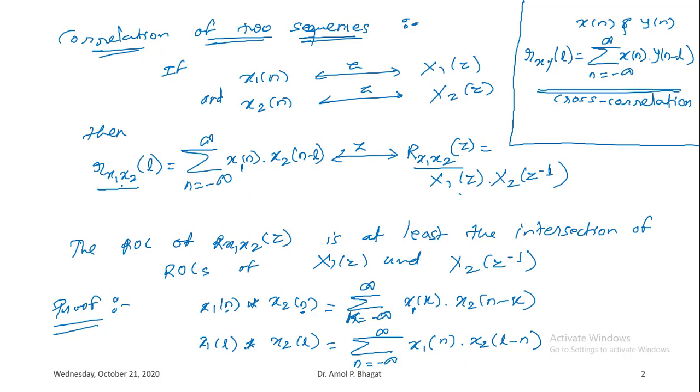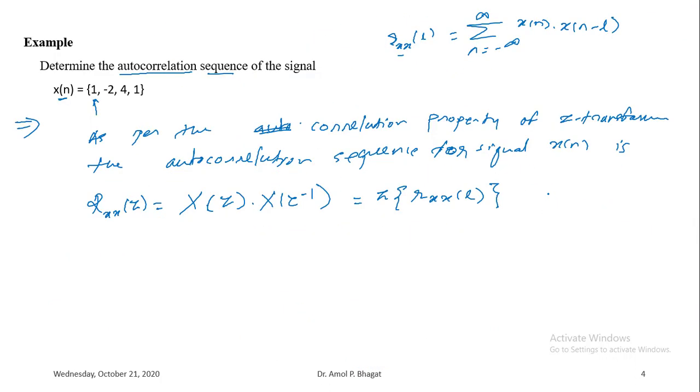So r x1 x2 of l in the z domain is X1 of z multiplied by X2 of z inverse, and the same thing is indicated here, right? To get Rxx of z, initially we need to determine the Z transform of x of n, and then as per the time reversal property we can determine X of z inverse from X of z simply by replacing z with z inverse.